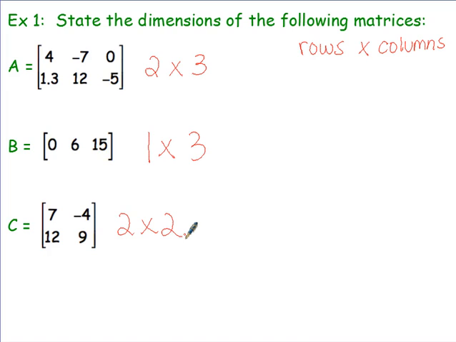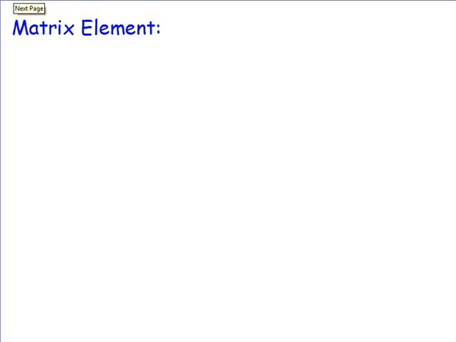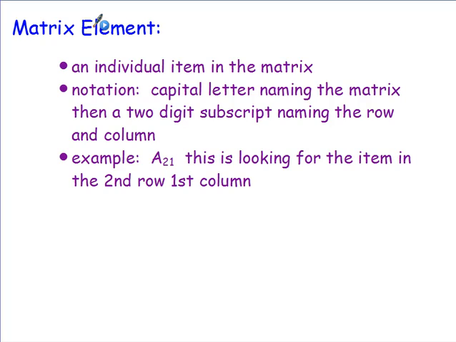So hopefully that's pretty easy to you, and that is something that we are going to be using in several of our lessons. New vocab word: what is a matrix element? A matrix element is an individual item in the matrix.